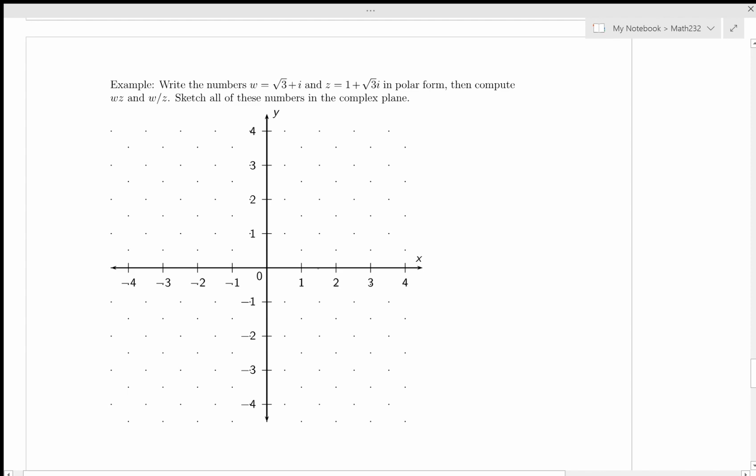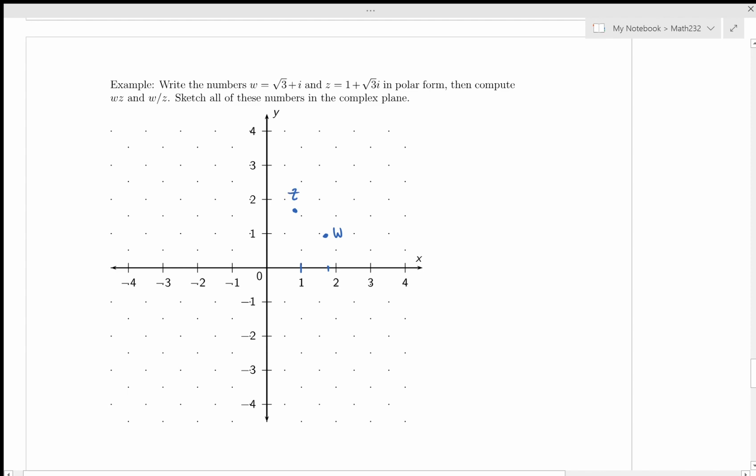W is root 3 plus 1i, and root 3 is about 1.7, so it's going to be right about here. That is W. And then where is Z? Z is 1 plus root 3i, so that is the 1, the real part, and root 3 is going to be somewhere about here. So that is going to be Z.